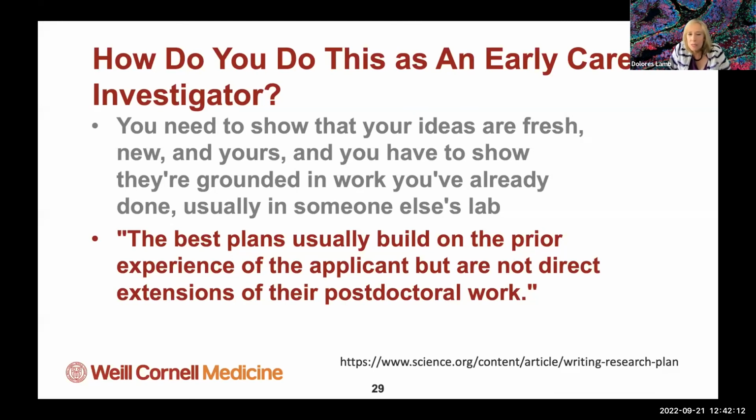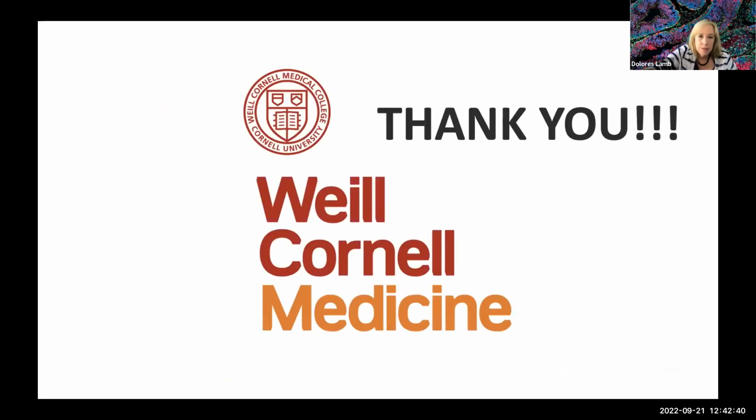And so it's been said that it's usually best to build on your prior experience when you're looking forward at your research plan, but it should not be a direct extension of the postdoctoral work, because again, you want to do something that's going to set you aside and distinguish you from your postdoctoral mentor who was probably quite prominent in the field. So you want to be seen as an independent investigator.